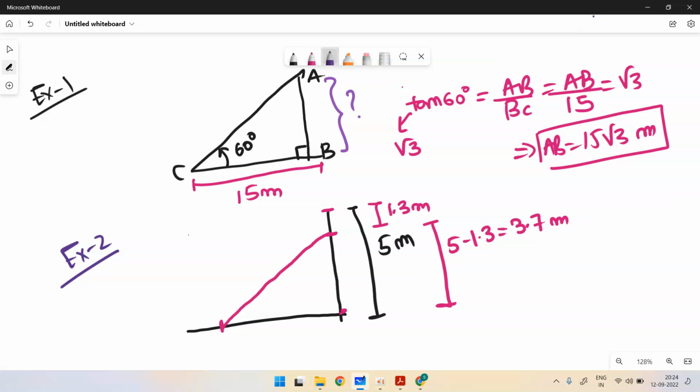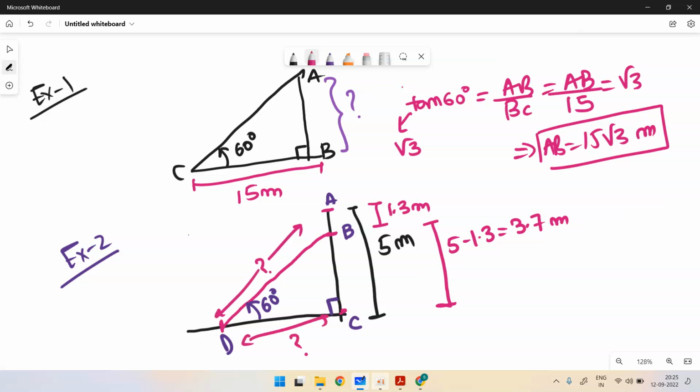It is given that this angle is 60 degrees. This is my ladder, and I have to find the length of this ladder. Let's say this is point A, this is point B, point C, and this is point D, and this is a pole which is erected at an angle of 90 degrees. In this question we need to find this distance, and also this distance.